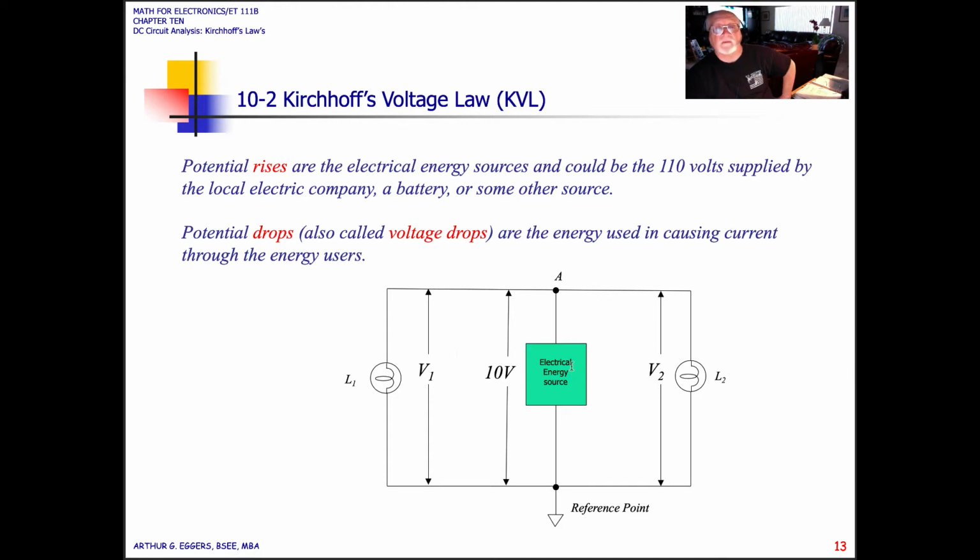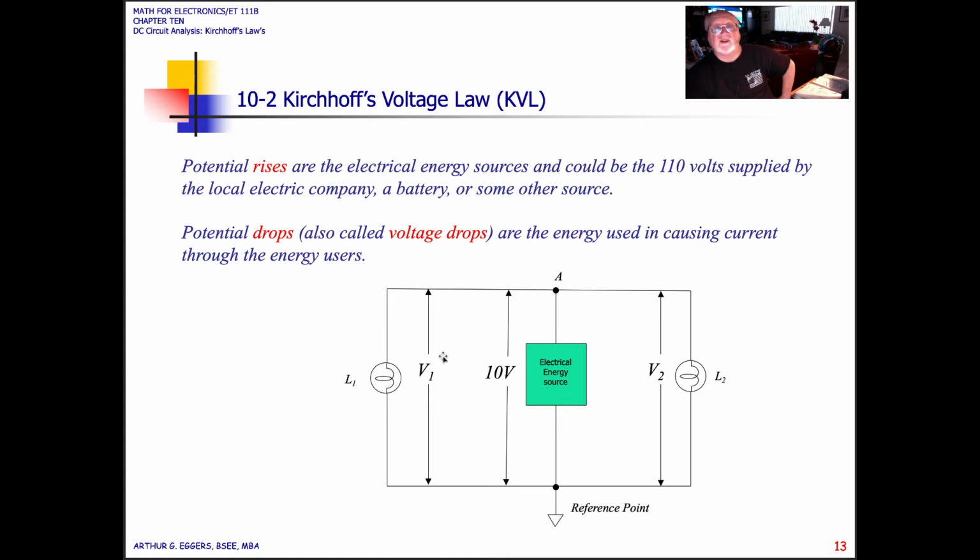It doesn't matter where this source comes from. We're going to say that it has some value in voltage, and the current then, in this case, will go in two different directions. But you will notice here, from point A to the reference point, it's telling us we have a 10 volt potential from that source.